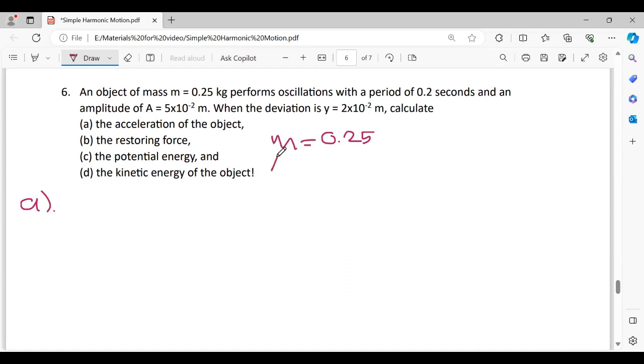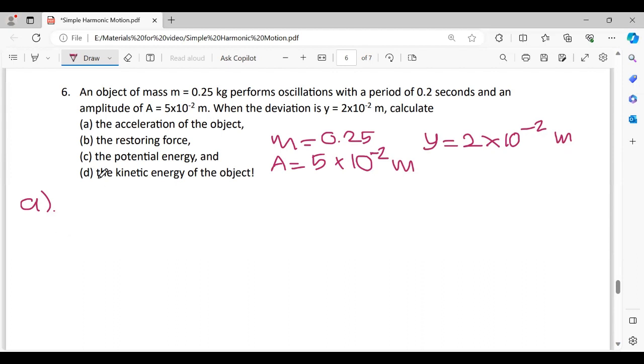A is 5 times 10 power negative 2 meters, the amplitude in meters. And y equals 2 times 10 power negative 2 meters.